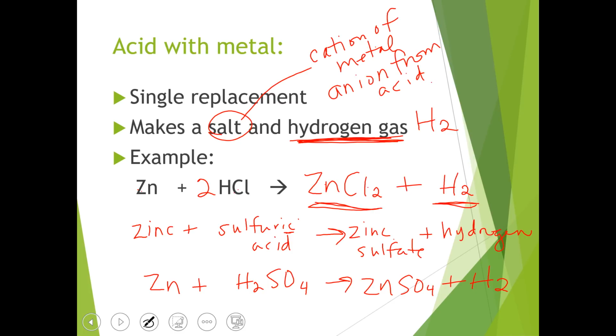Certain metals really resist this because they're very low reactivity. Those are the ones to the lower right part of the D block on the periodic table, like silver, gold, platinum. They don't react with acids too quickly, just by the very nature of their low reactivity.